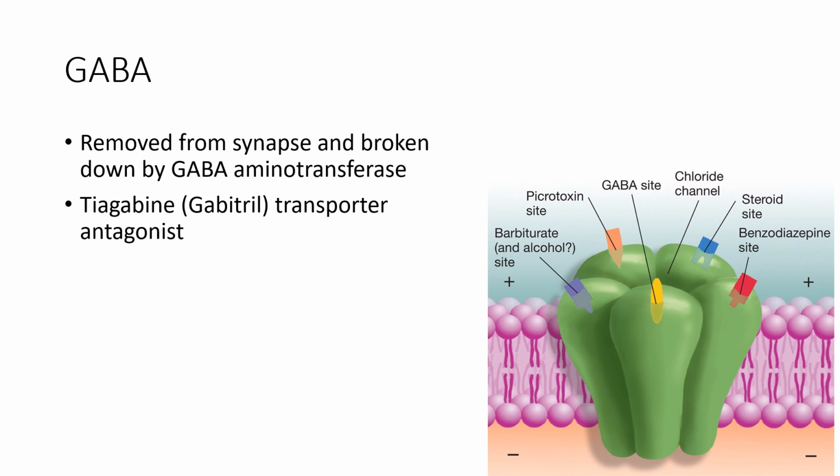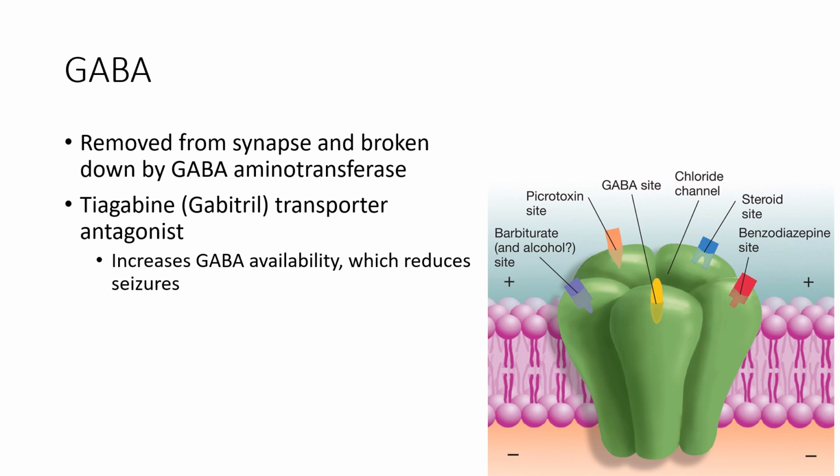This is a transporter antagonist, meaning that it is going to prevent the transportation of GABA from the synapse. So it's going to allow GABA to hang out in the synapse. This is going to increase GABA availability because this drug is being used to prevent the removal of GABA.